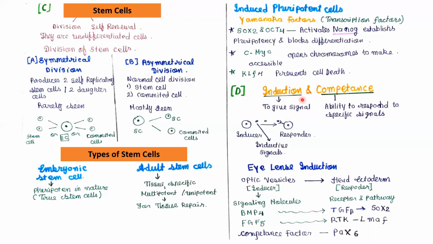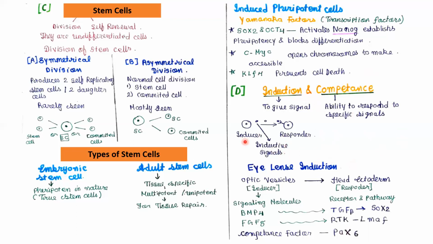Induction and competence is basically a signaling process, in which induction is caused by inducer cells. Inducer cells mainly give signals, and competence means the ability to respond to specific signals. Cells which have the ability to respond to a certain type of signal are called responder cells.